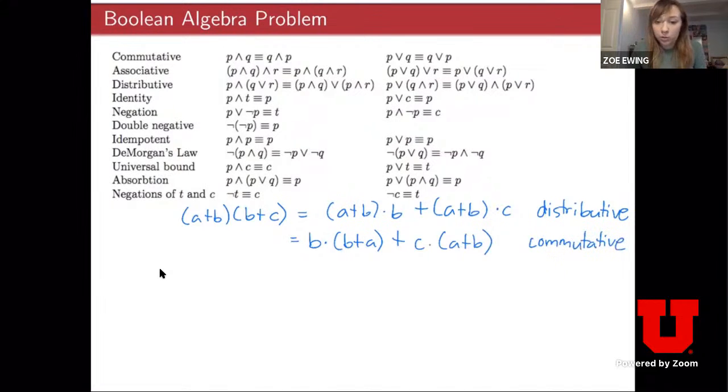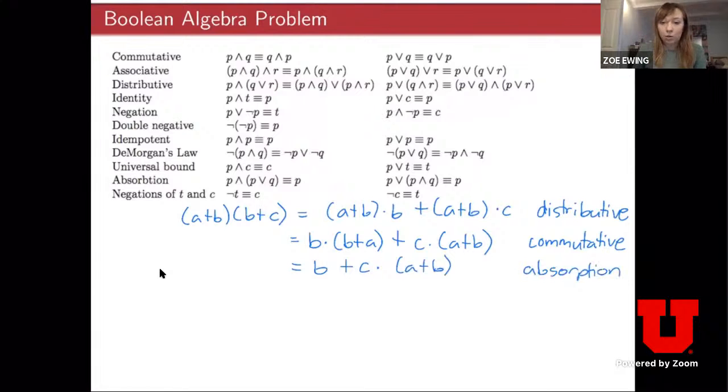So now we can use absorption and say that this is equal to B, and then we have plus C times A plus B. And that was with absorption.